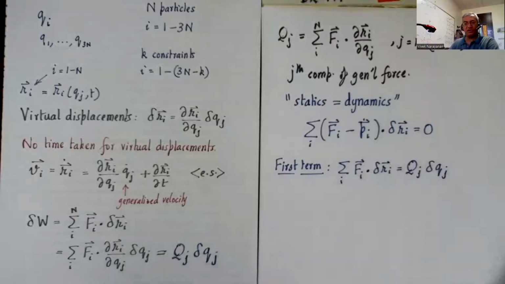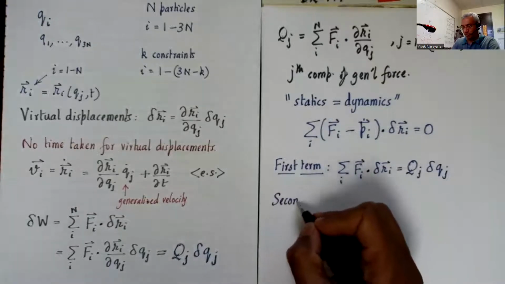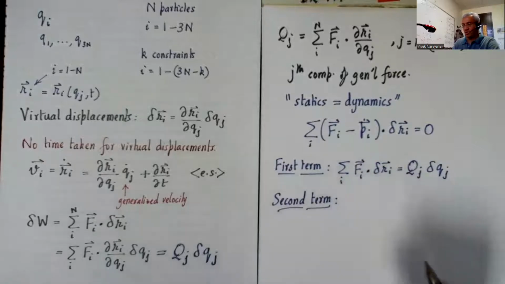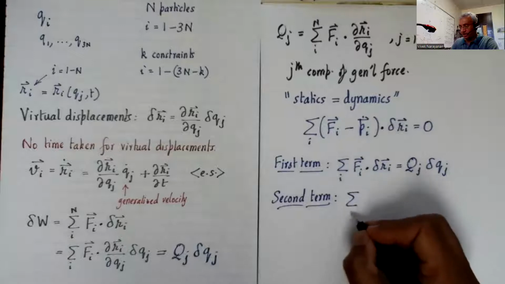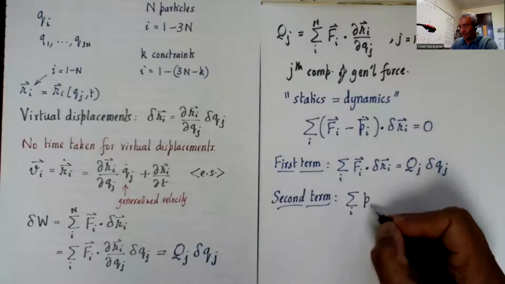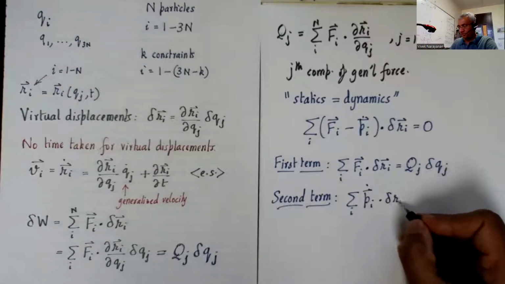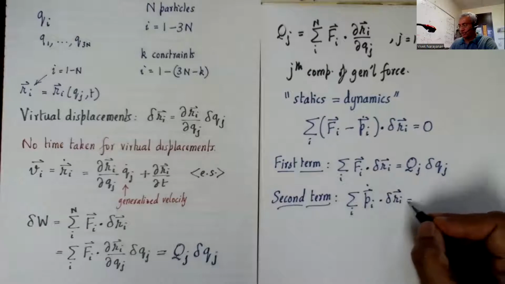So that is done. Now we look at the second term. The second term will take a lot more effort to massage into the proper shape. So the second term, without the minus sign, is sigma i of Pi dot, where this dot is the time derivative, dotted with delta Ri.